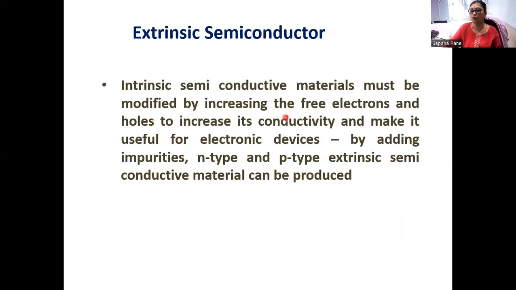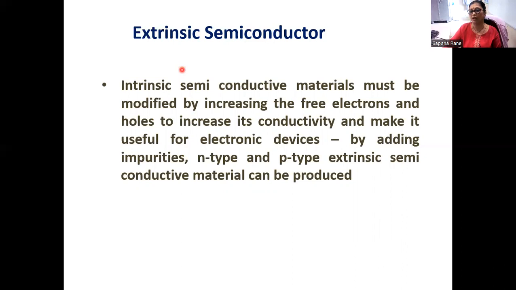Now, let us move to the second type of semiconductor, known as extrinsic semiconductor. In order to increase the conductivity of the semiconductor, a small amount of impurity, which is either trivalent or pentavalent, is added to the semiconducting material.